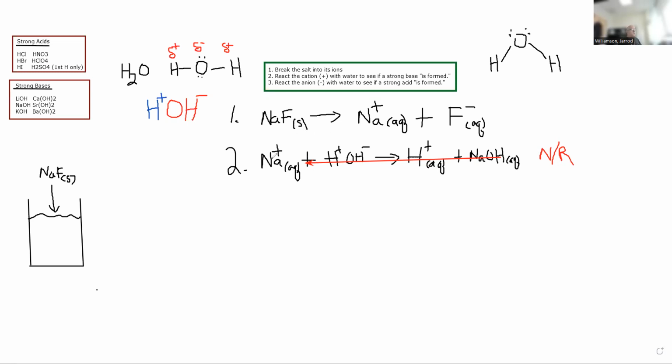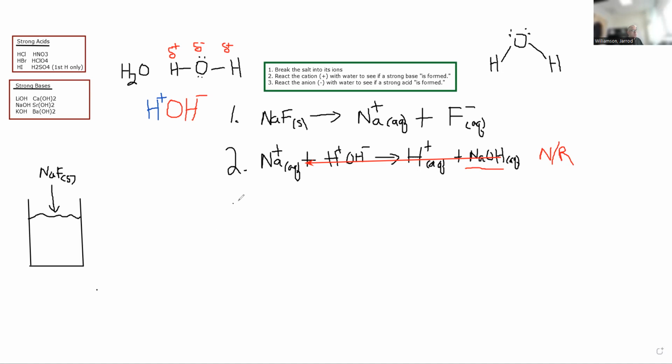So I end up with sodium ions in the water back where I started from. So that reaction won't happen because the strong base won't stay together. That's the definition of a strong base. Okay, so that reaction, step two, does not happen.